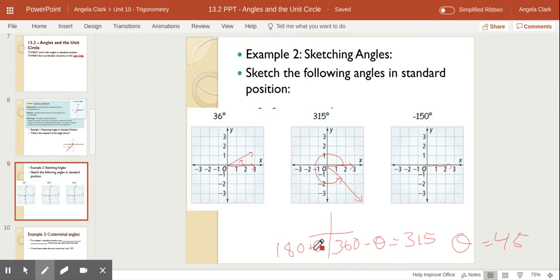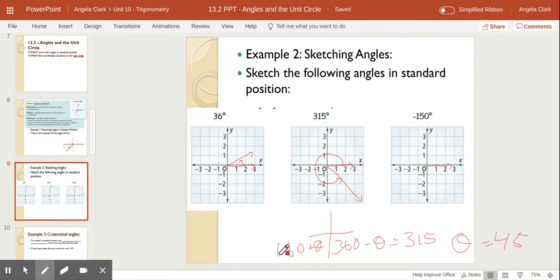So there are multiple ways I could think about this. I could either figure out what the positive version of this angle is, which I will talk about finding coterminal angles in the next slide. So I could just say, okay, what would be the equivalent in the positive direction? I can do that and then use this formula, and that would be more straightforward.